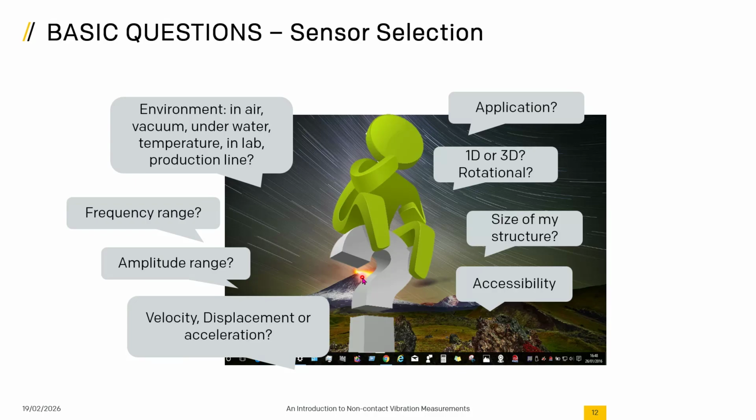Is it very lightweight? Is it solid? How far is it? As you answer these questions, it will help you determine the right sensor, the best, most cost effective way to achieve the goal of this vibration measurement. So that's how we try to approach sensor selection. These are some of the basic questions you want to keep in mind.